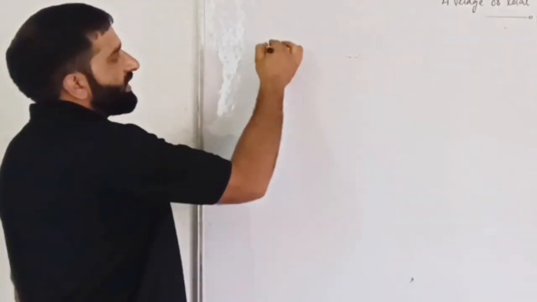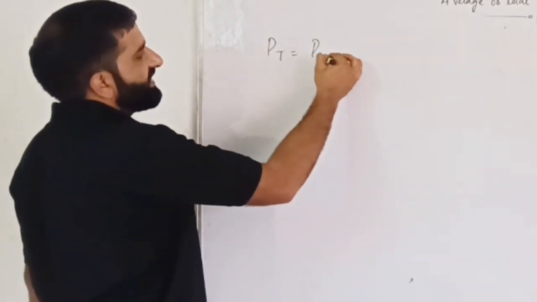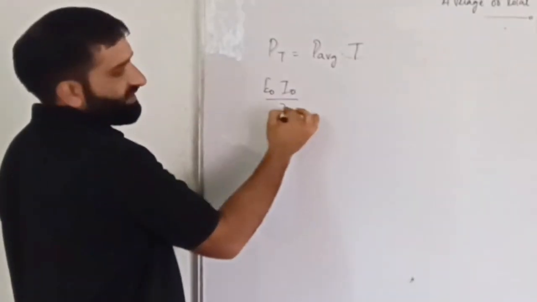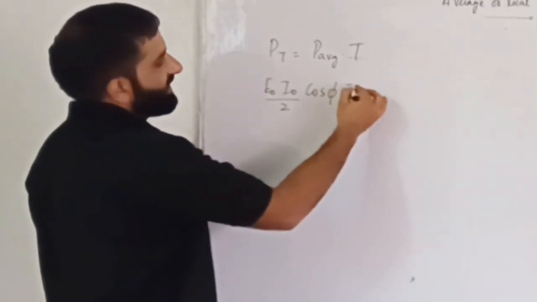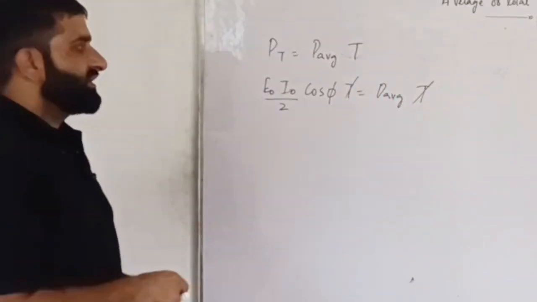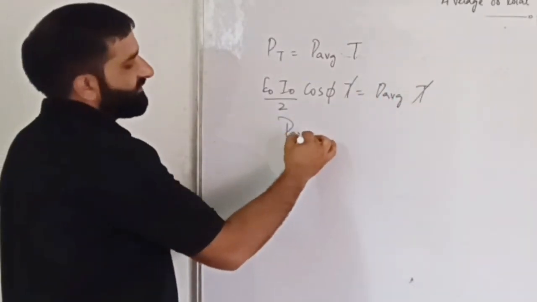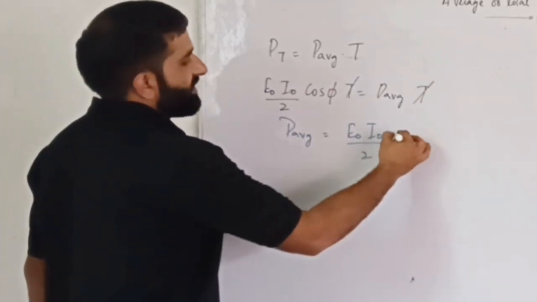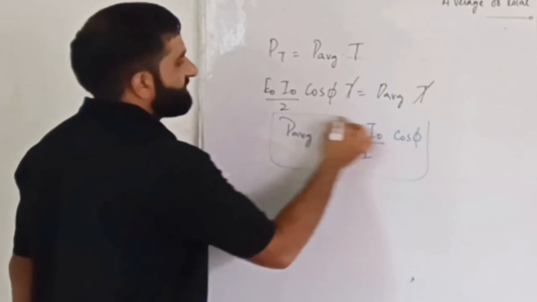So the equation of the total power is E0 I0 divided by 2 into cos phi into t. Now we also have that Pt is equal to P average into time. That means Pt is equal to E0 I0 divided by 2 into cos phi into t is equal to P average into t. Time and time cancels out, t and t, so P average power is equal to E0 I0 divided by 2 into cos phi.